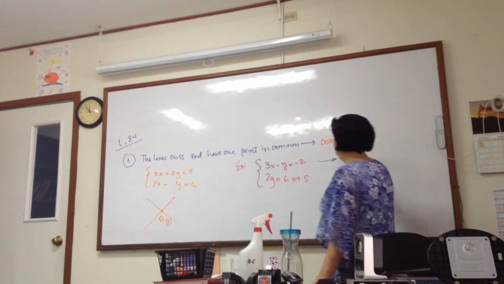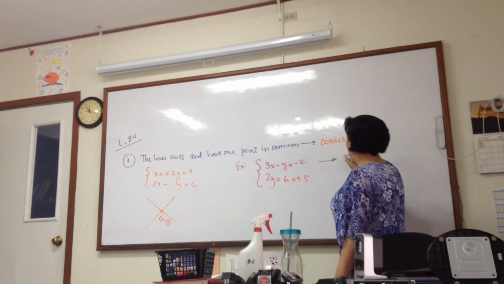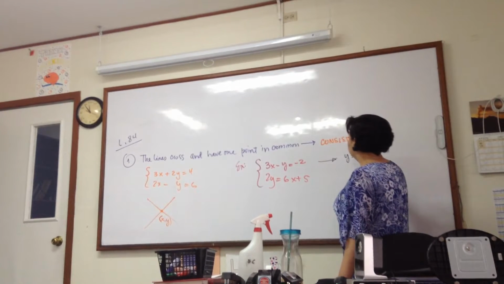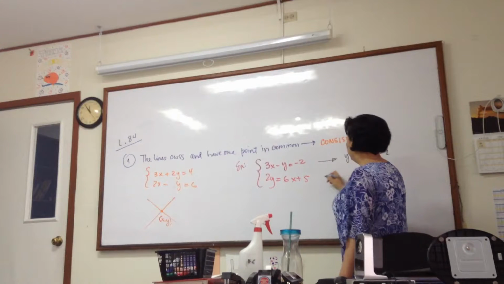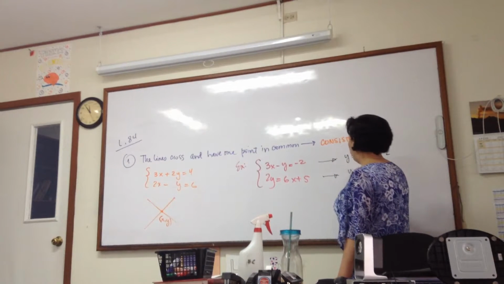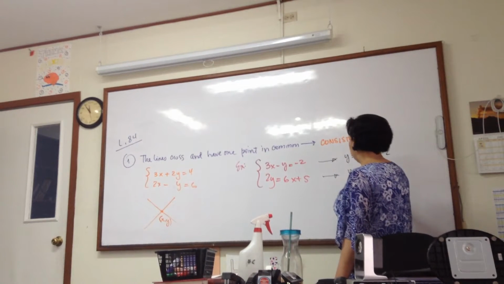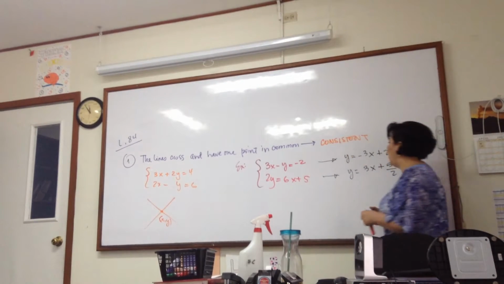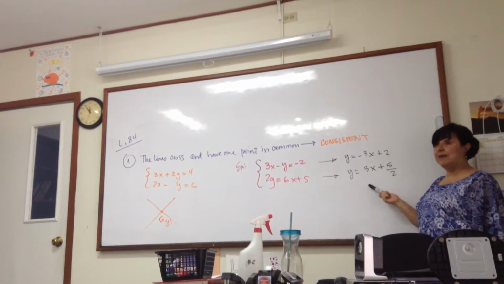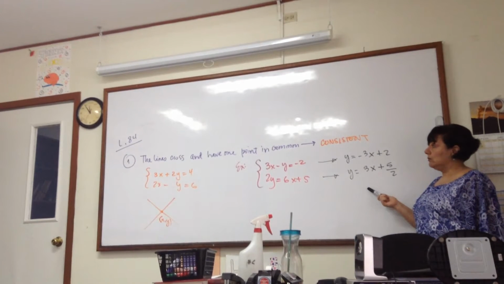So let's see. This one gives you that y equals minus 3x plus 2. Very good. And this one? y equals 3x plus 5 over 2, right? So, do they have the same slope? No, they don't.